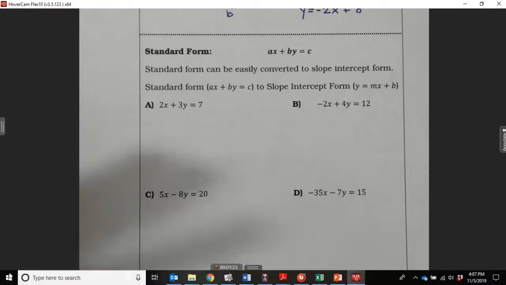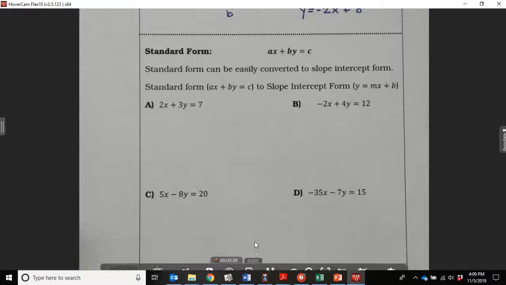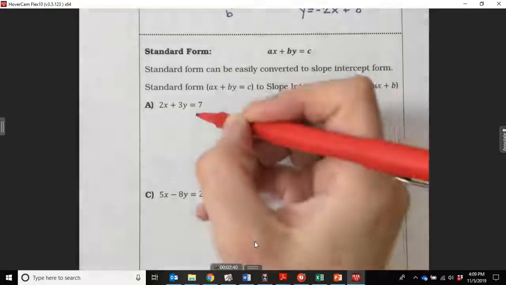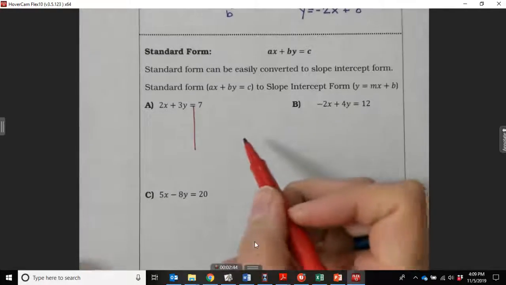And so for letter A, we're going to solve it just like we would back at the beginning of the year. Like we did at the beginning of the year, we solved two-step equations by drawing our brick wall, and then we box in what we're solving for.